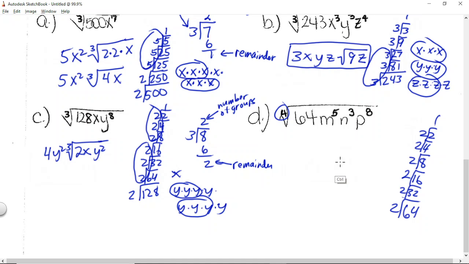So we've got the prime factorization, but we need to look at the index to see how many are in a group. We go ahead and write down the m's as well. So we have 5 of those. And the n's, we have 3 of those. And then for p, we have 8 p's. 2, 3, 4, 5, 6, 7, 8.